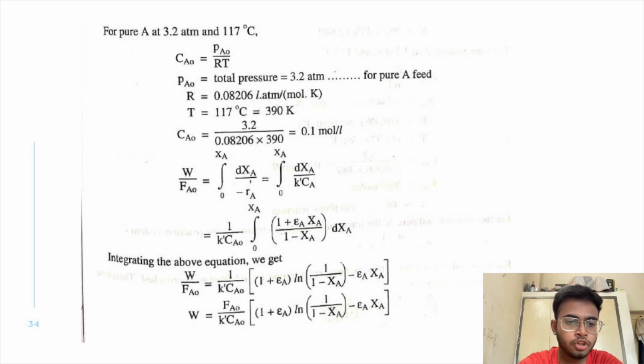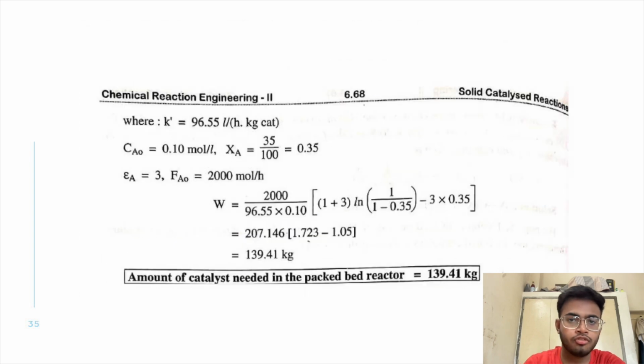After integrating, we obtain the equation W = (FA0 / (k CA0)) times [(1 + εA) ln(1/(1 − XA)) − εA XA]. After putting in the values of all the data, we finally obtain the W value, or the amount of catalyst needed in the packed bed reactor, to be 139.41 kg.